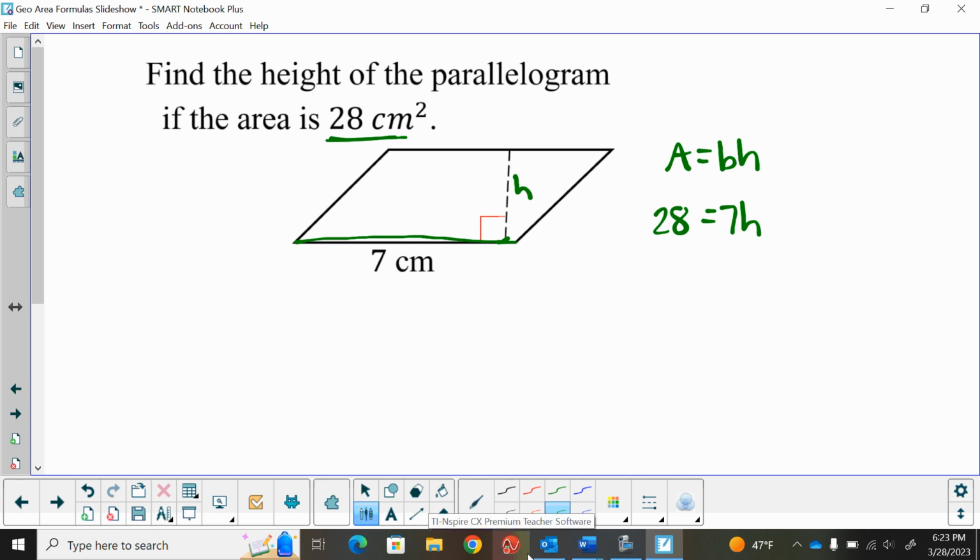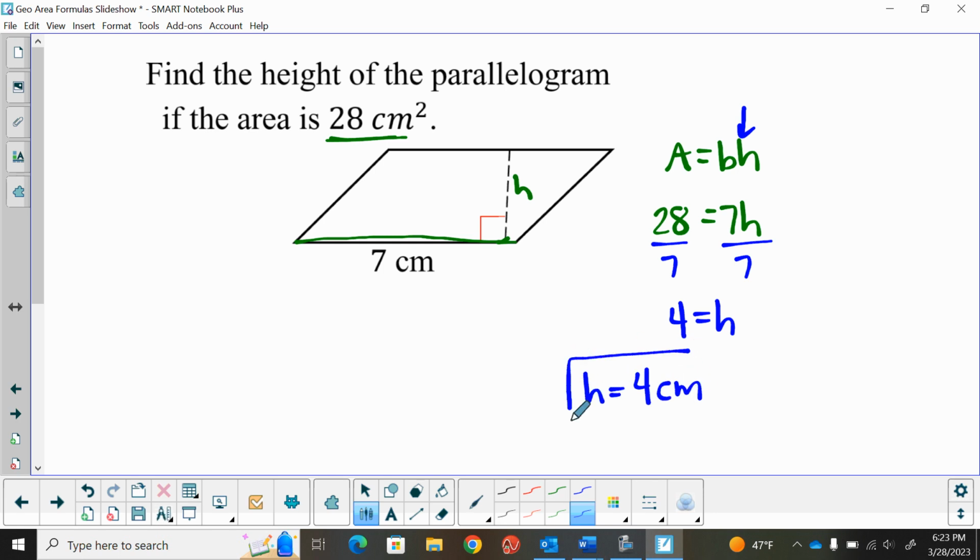So we're using the formula, but just now this time we're solving for h instead of a. So we plug in 28 for a, plug in 7 for b, and then solve for h, which is one quick little step here. All we have to do is divide both sides by 7, so we get 4 centimeters for the height.